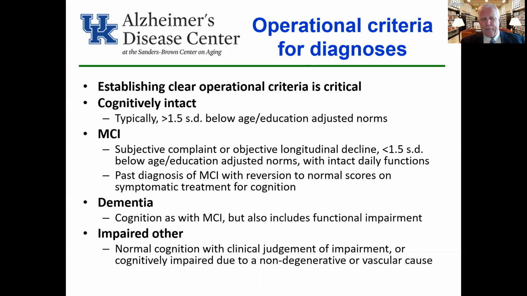These folks frequently are watched, and over time it may become clear. This may apply to those that have cognitive impairment but are on high doses of anticholinergics or opiates, or it could apply to somebody who is cognitively impaired but is currently suffering from severe depression or other psychiatric symptomatology that may be non-degenerative in nature.